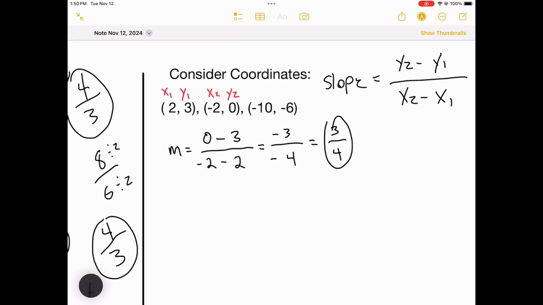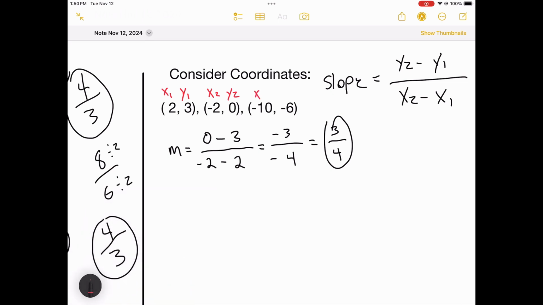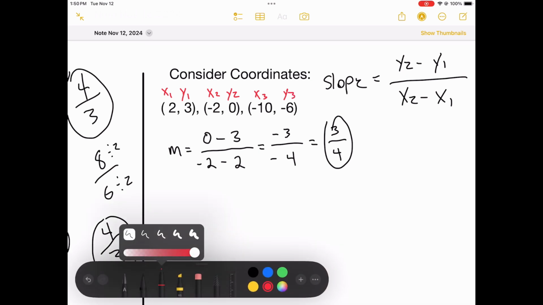Let's do one more just to deal with a little bit more negatives. I'm going to maybe confuse you a little bit, but why not? I'm going to call this x3 and y3, and again, I'm just going to plug them into my equation. This time I'm going to choose any 2 coordinates.